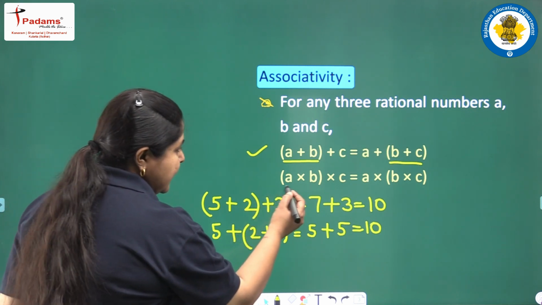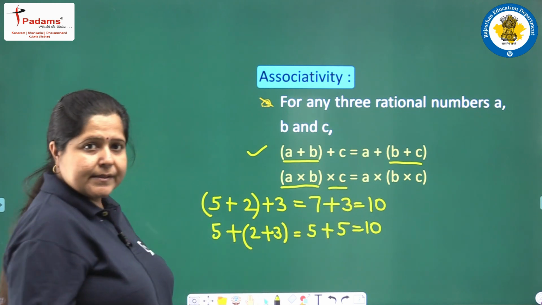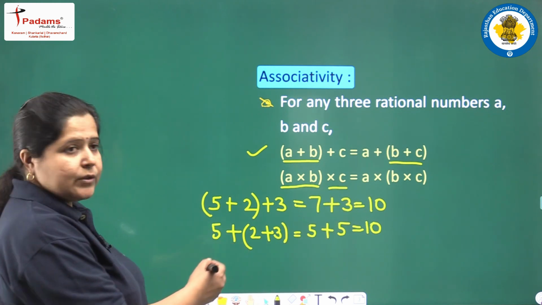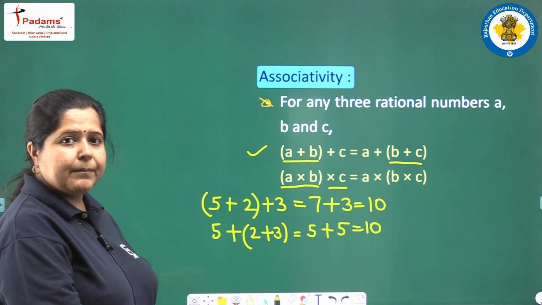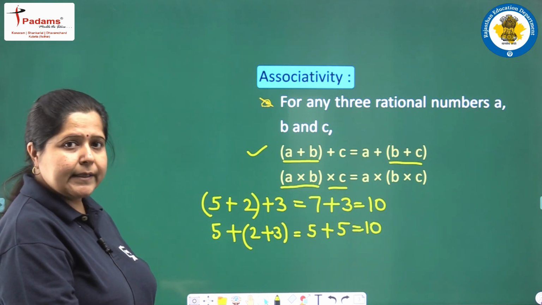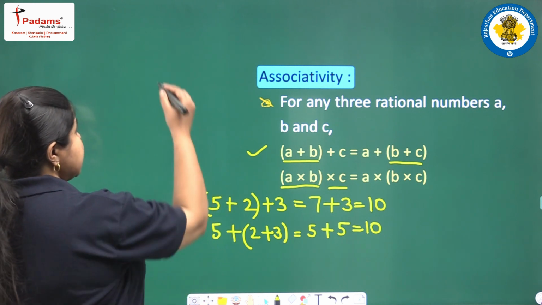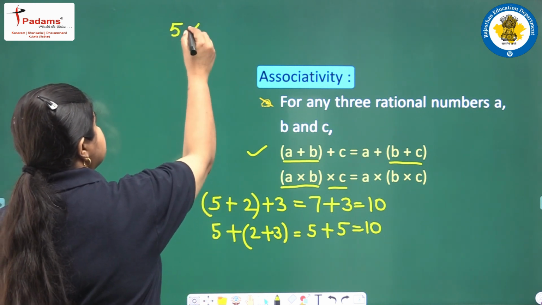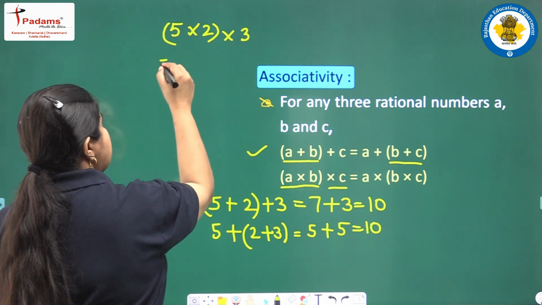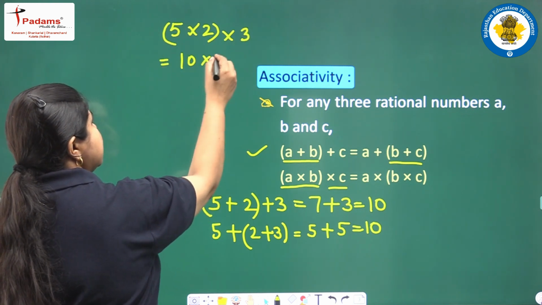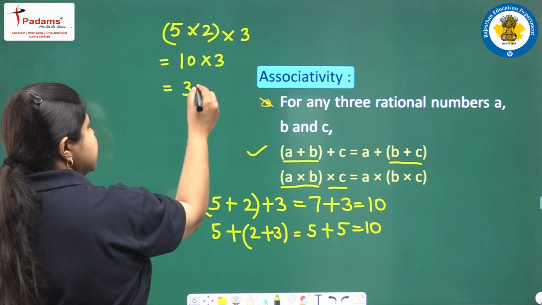Similarly, if we multiply the three numbers, then also the order of multiplication does not matter. We can pair up any two numbers first and the third one in the next stage. For example, again we take 5, 2 and 3. First I multiply 5 and 2 and then 3, I will get 10 into 3 equal to 30.